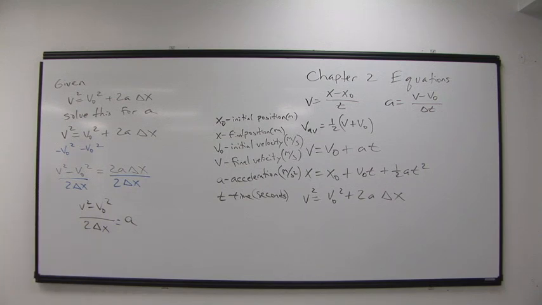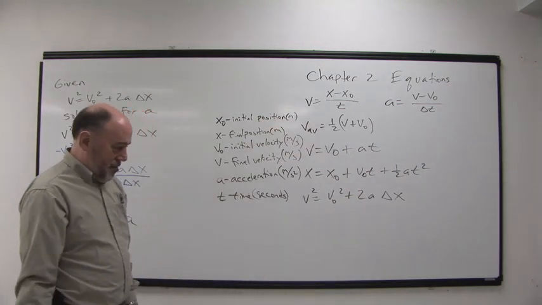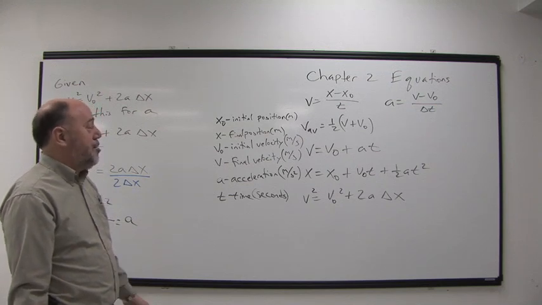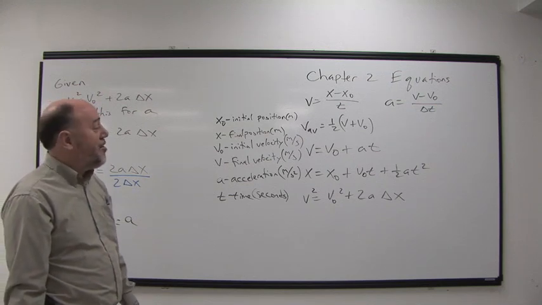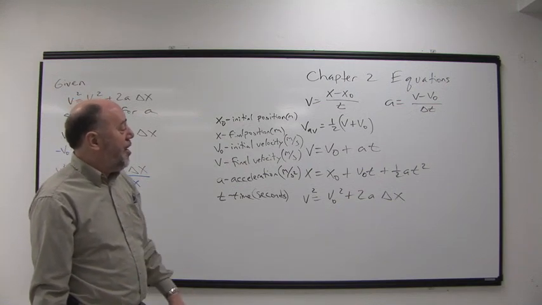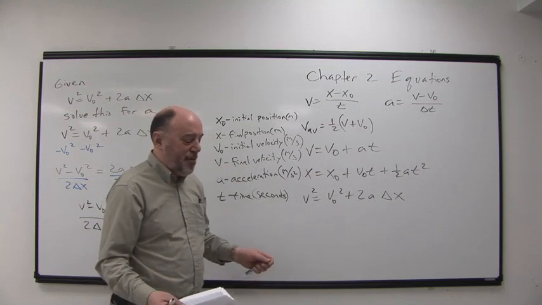Then you get to the hard part of physics. The problems we're working on are basically word problems, so you have to go through the words and figure out which one of these equations to use in order to solve the problem.